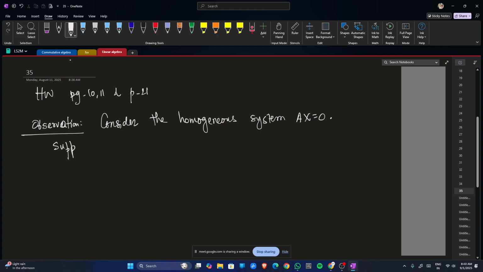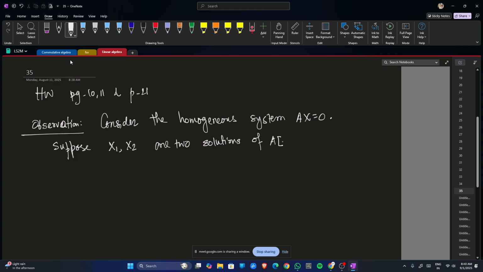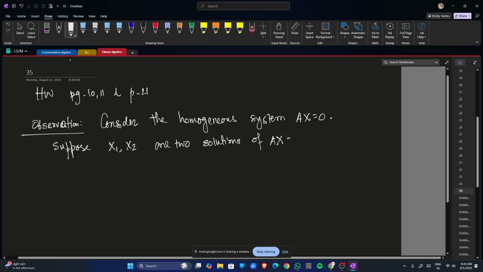Suppose x1, x2 are two solutions of Ax equal to 0.